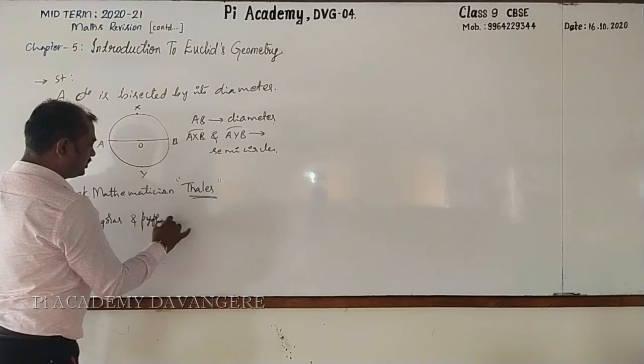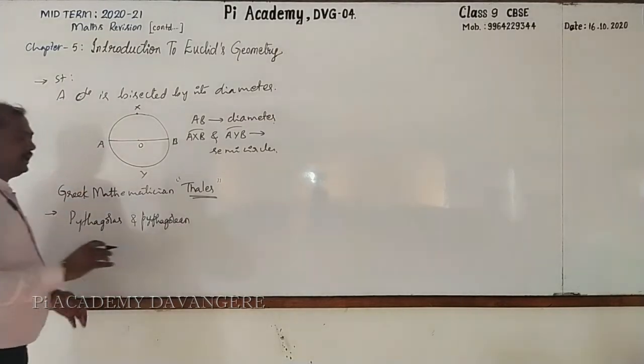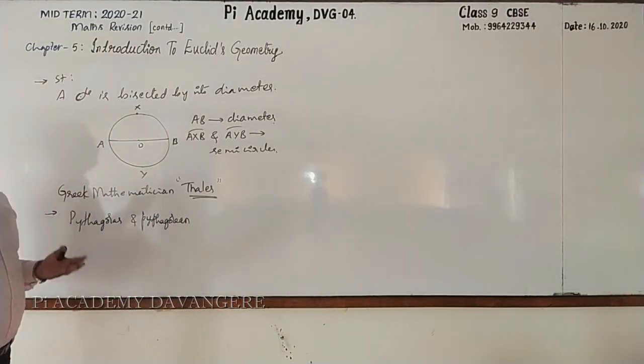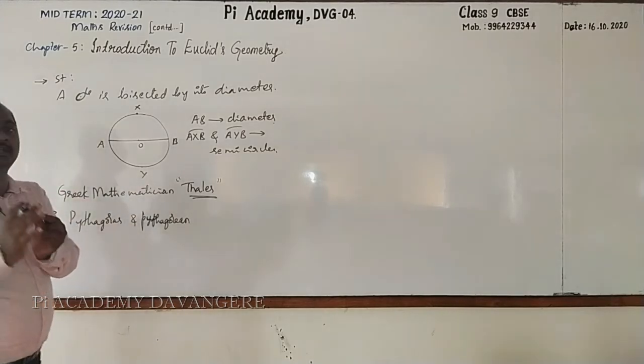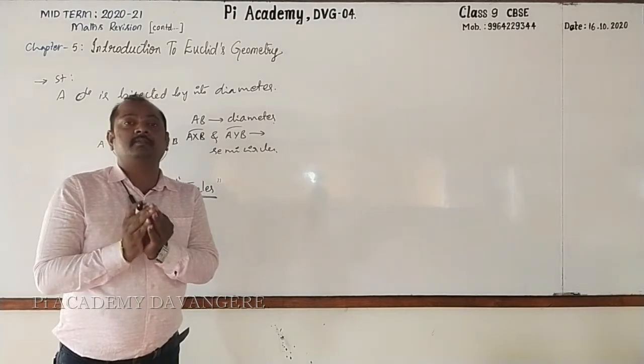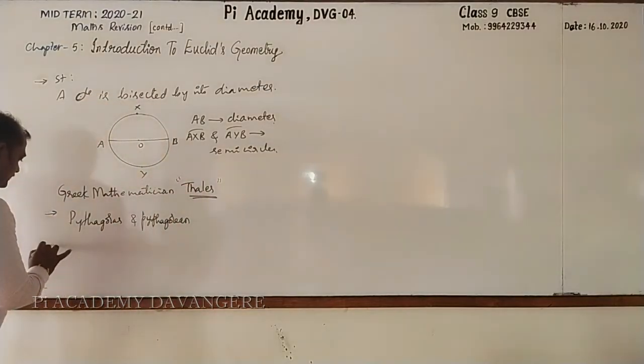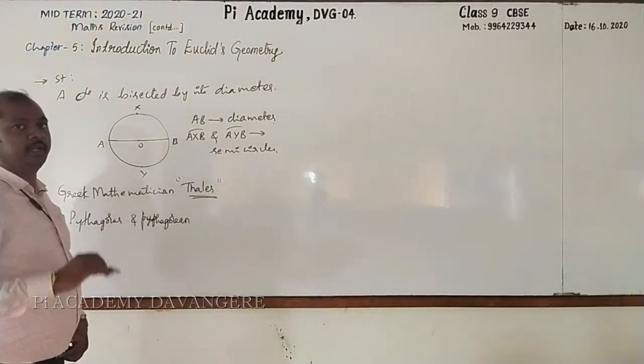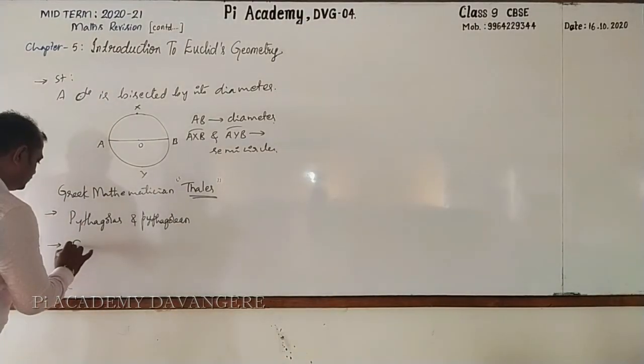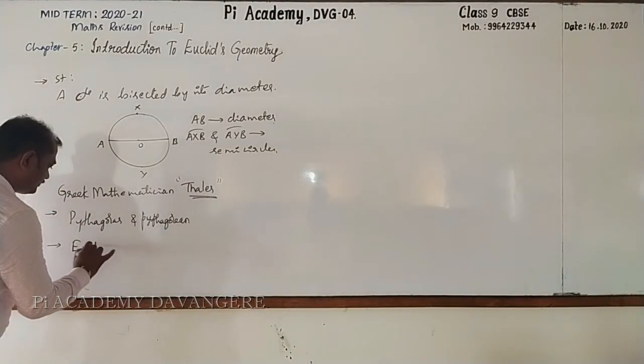Pythagoras and the Pythagoreans gave a lot of information to the field of geometry, and all these were summarized by another mathematician. He is Euclid.